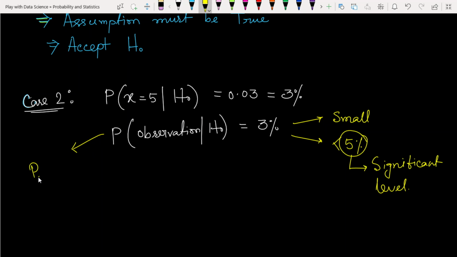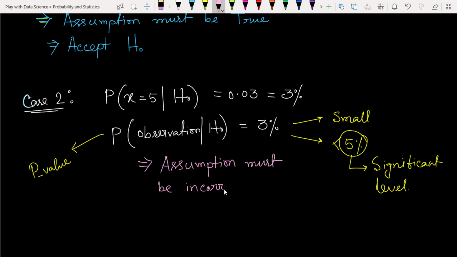This value is so low, so small, that our assumption must be incorrect. Our assumption that the null hypothesis is true, that there are no differences in the population means, must be incorrect.